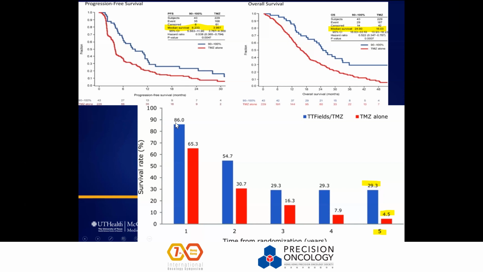And these are the 43 patients with high compliance. At 5 years, about 30% of patients are still alive. That's very, very significant and remarkable, really telling us that the more we use TTF, the better survival benefit the patient would draw from it.